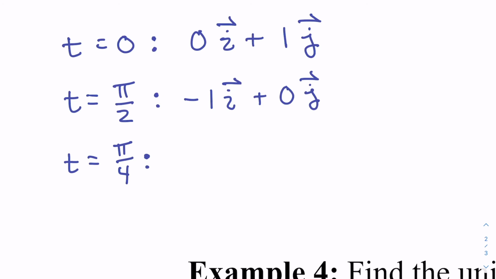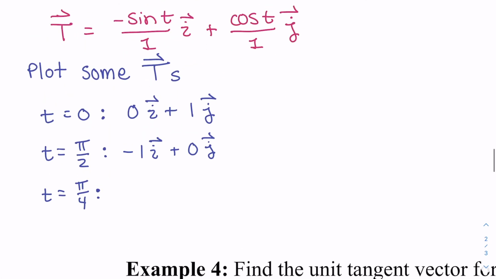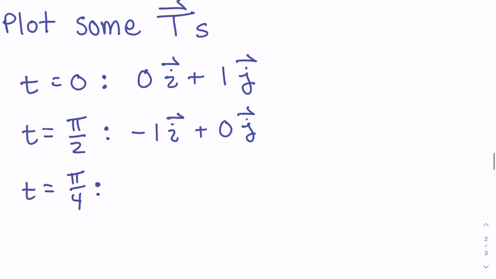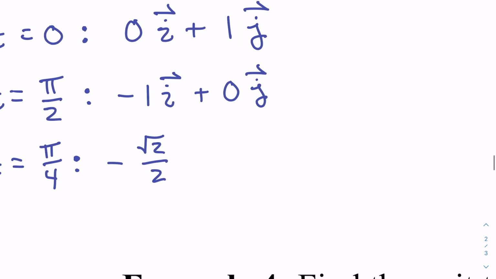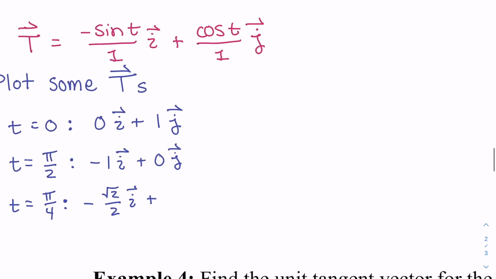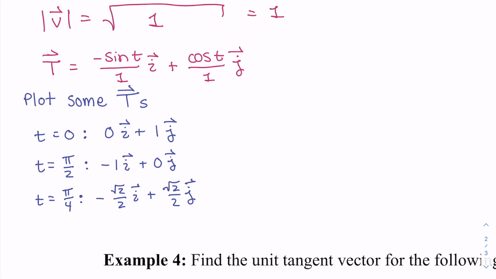So that's going to be sine of pi fourths is negative square root of 2 over 2 divided by 1. Right, so it doesn't change in the i direction. And then we get cosine of pi fourths is also square root of 2 over 2 in the j direction. So we get negative square root of 2 over 2 in the i direction, and square root of 2 over 2 in the j direction.